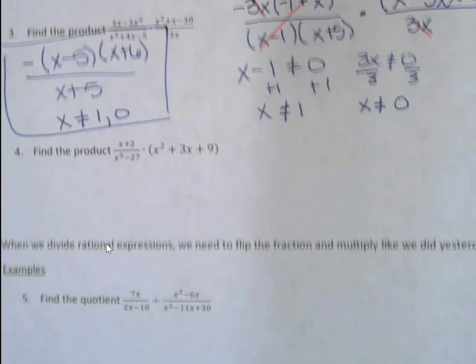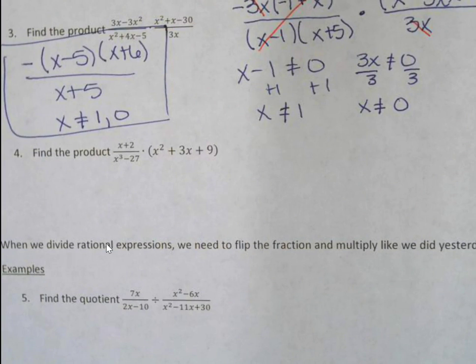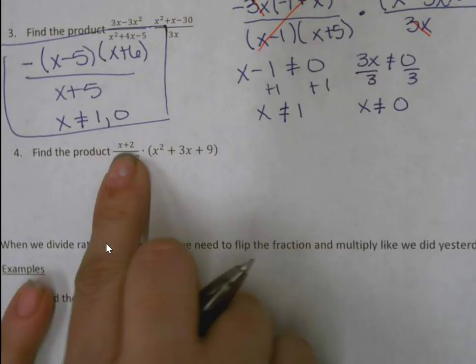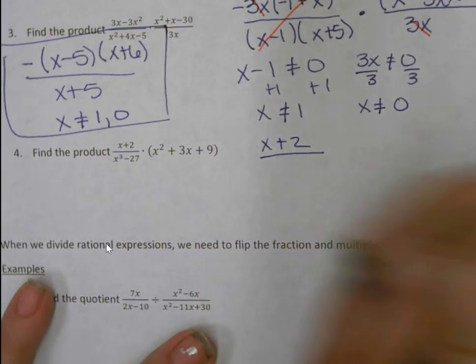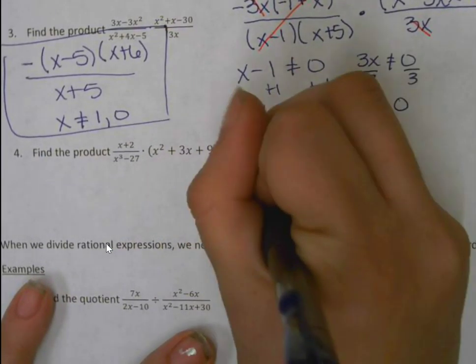Okay, so questions on number 3. Okay, so number 4, I need to factor. The top on this fraction's already factored. There's nothing I can do to it. On the bottom, it's a difference of cubes pattern. I'll write this on the board in a second.